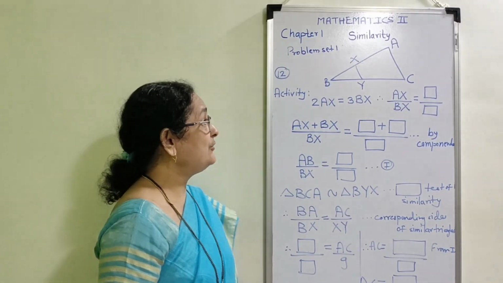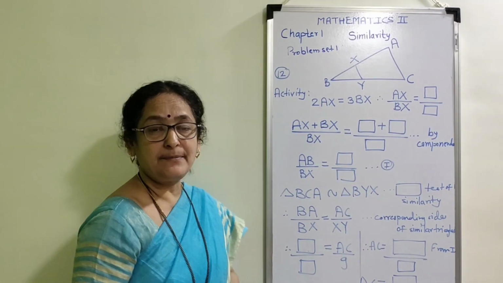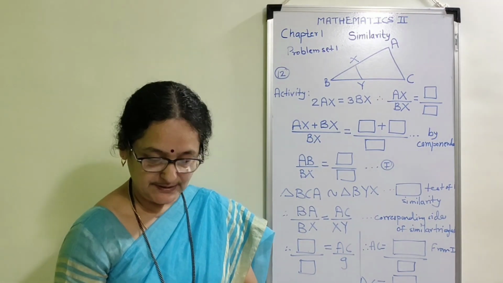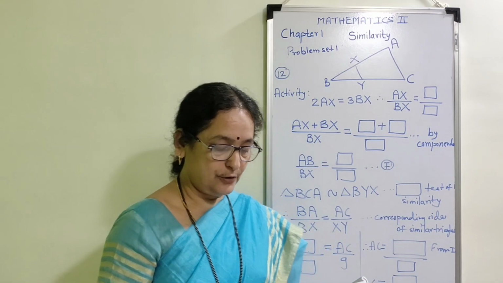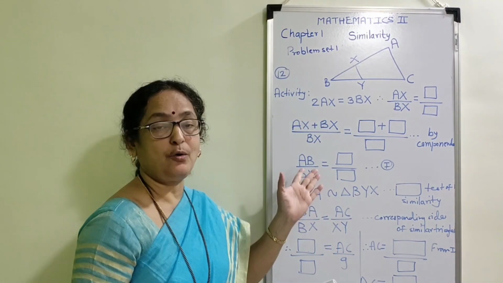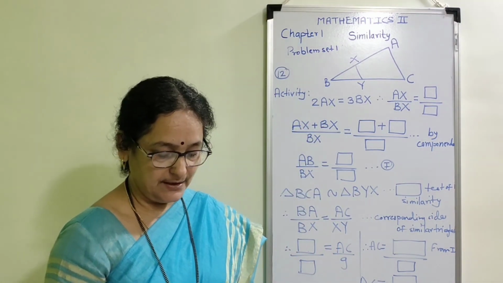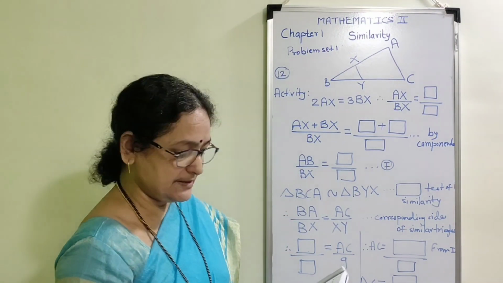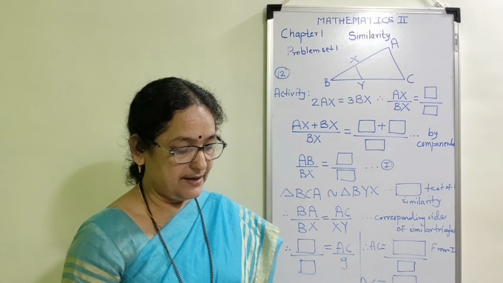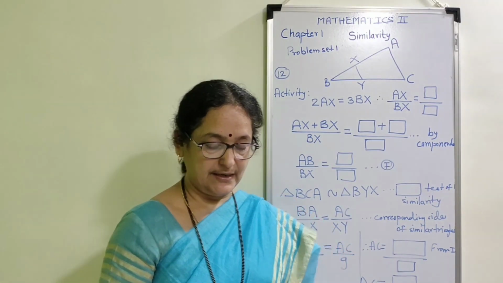Students, now we are going to complete example number 12 from this problem set. The example is very important. First of all, try to understand the figure. Just now we have completed one example related to the same figure. Here also, in the bigger triangle ABC, segment XY is given parallel to side AC.